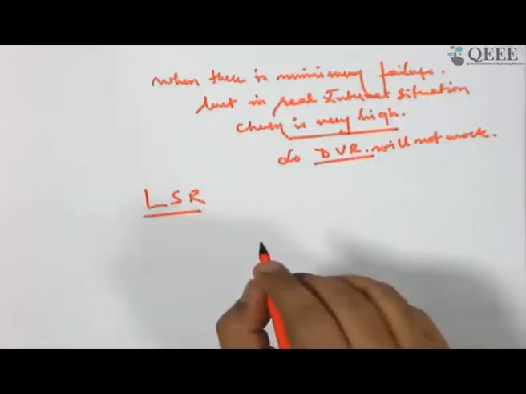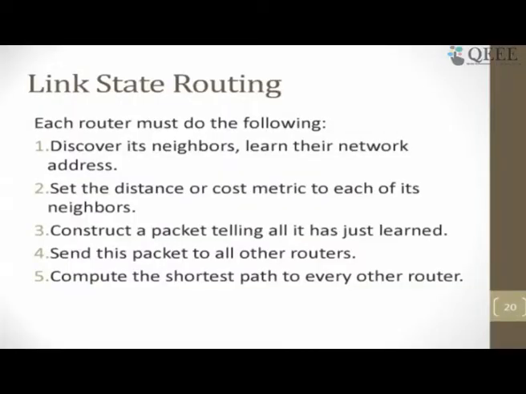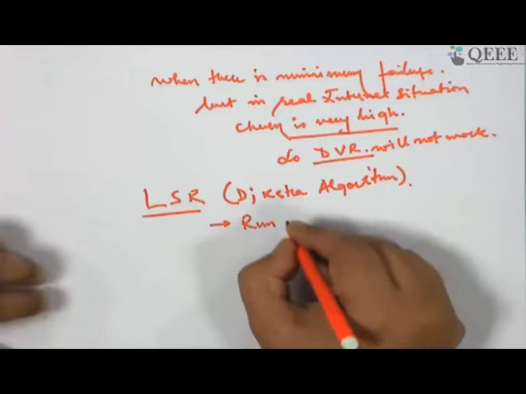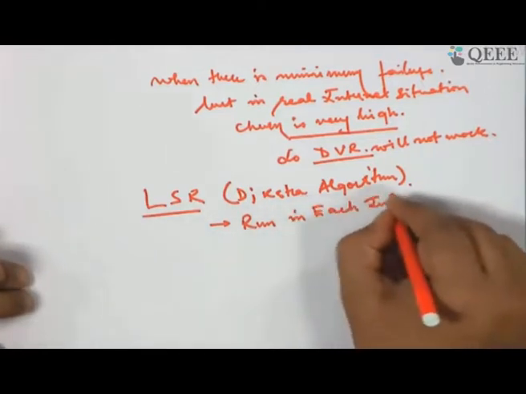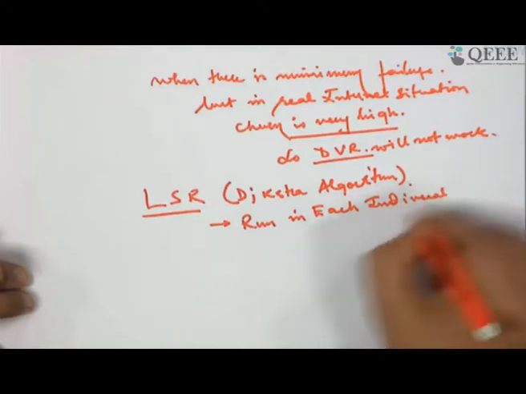So, what is link state routing? Link state routing is a variant of Dijkstra algorithm, which is run in each individual node.